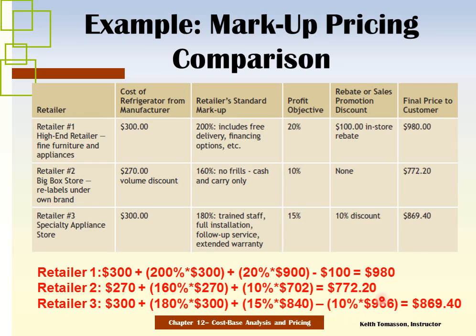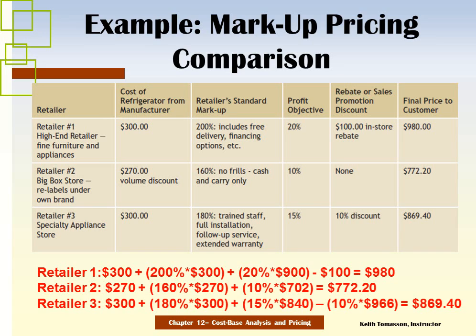But they also offer a 10% discount on the price. So the total cost now is $966, so less 10% or $96.60. So they're able to offer a price to the consumer of $869.